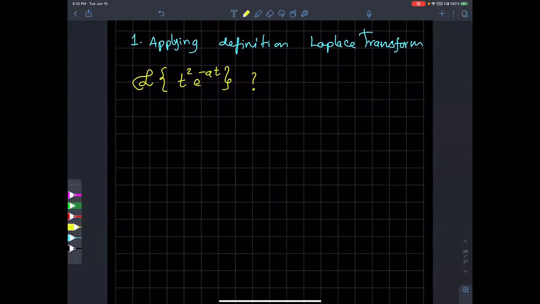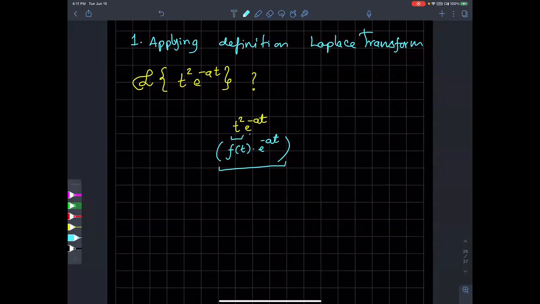Let's see, t squared e to the minus at is what we are interested in. I'm going to call this f(t), and then there is f(t) e to the minus at, because this is a format that has a known Laplace transform.